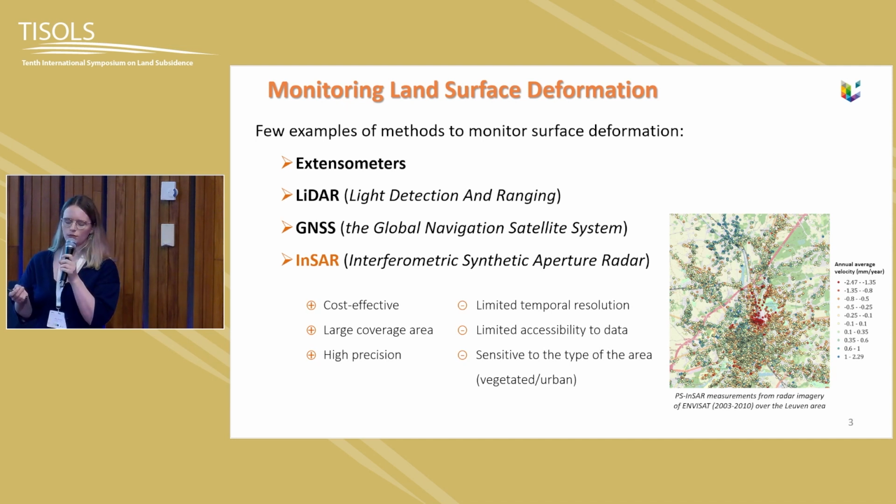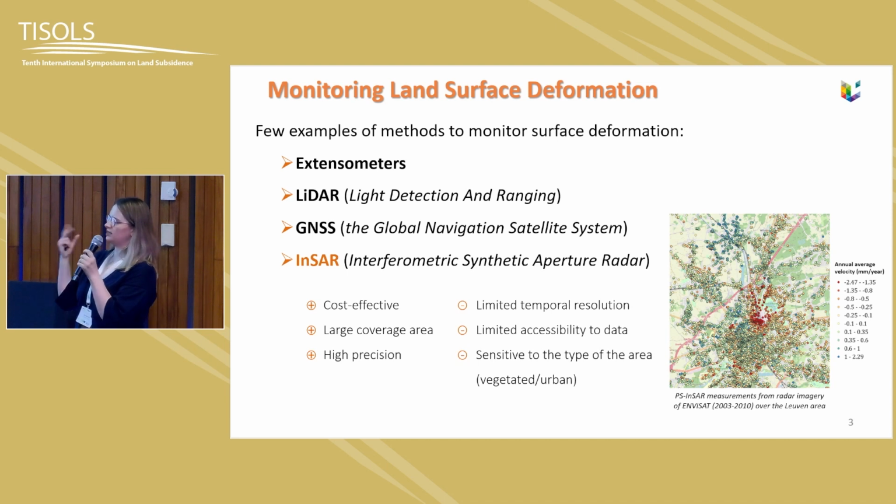The advantages of InSAR are that it's cost-effective, it covers a larger area, and it has high precision. But the disadvantages of this method are that it's limited temporally, and access is limited because some of the satellites are private.